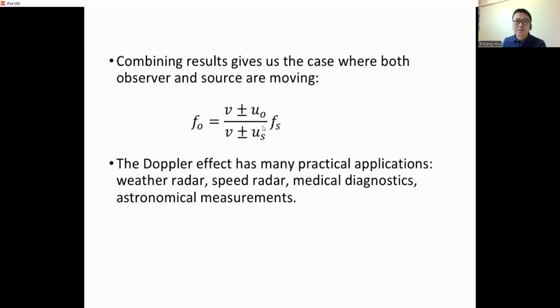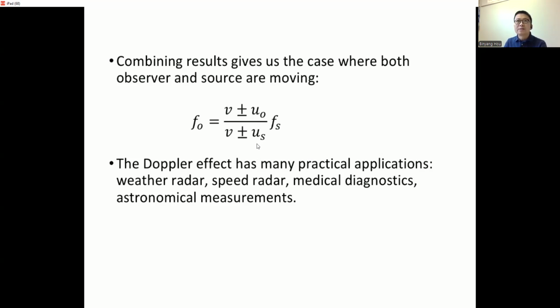So depending on whether the two vehicles are approaching each other, or one is moving away and the other is approaching, if you are being chased or moving in the opposite direction, you'll take either plus or minus in the numerator and also in the denominator. We'll look at the source first and then the observer after that, though the other way around doesn't really matter.